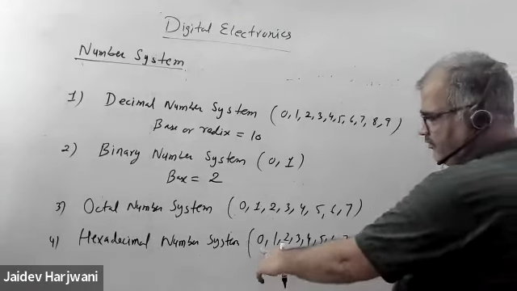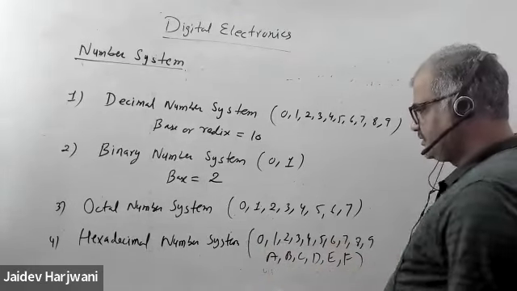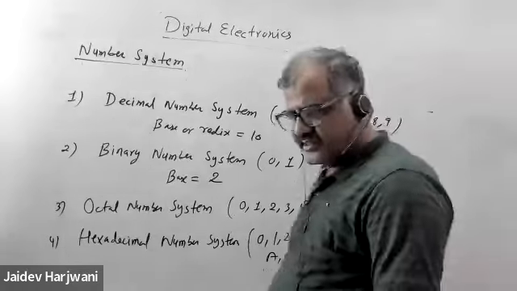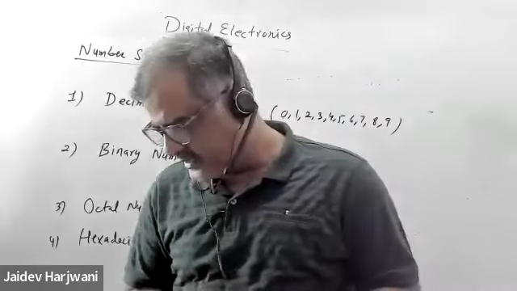So including 0, this system has a total of 16 symbols or 16 digits.